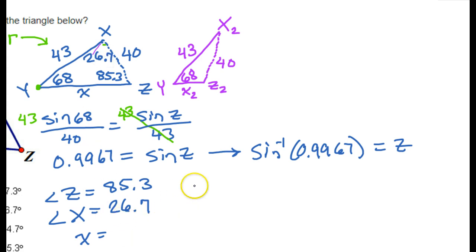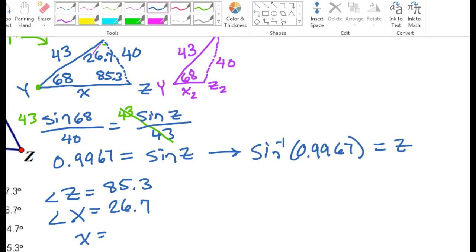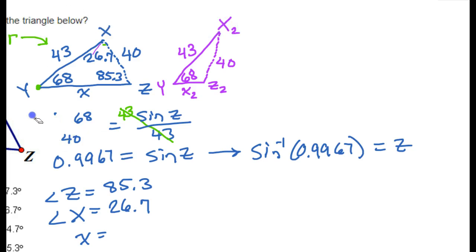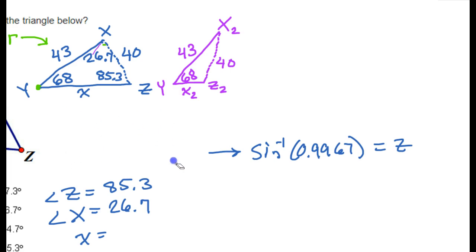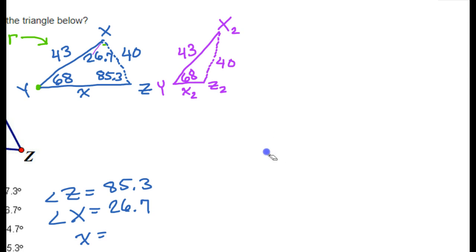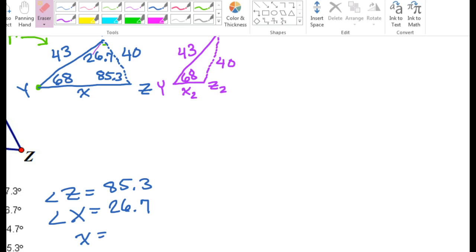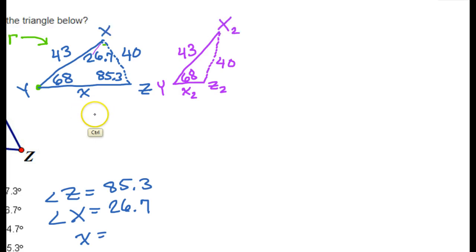I'm going to have to erase the law of sines because I need the space to do the law of sines again. Now I need to find side X here. Since I'm finding a side, I'm going to put the side in the top this time.